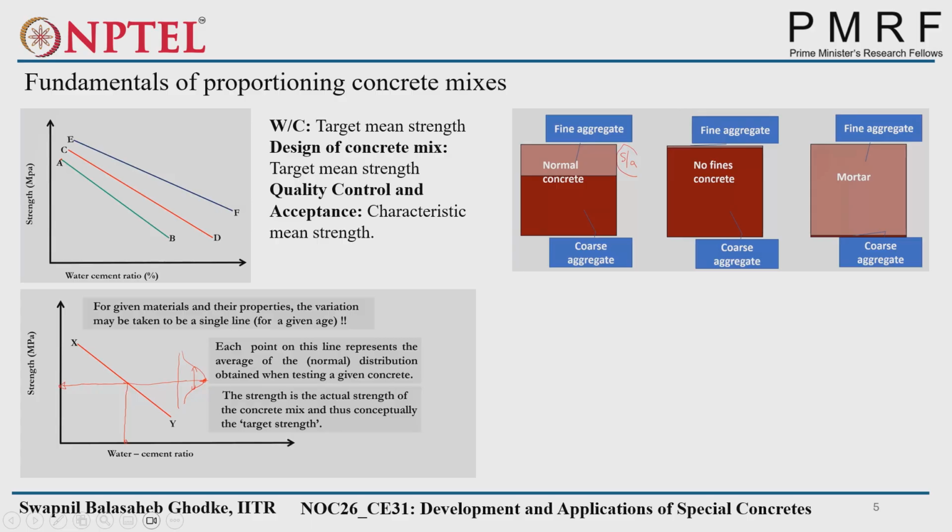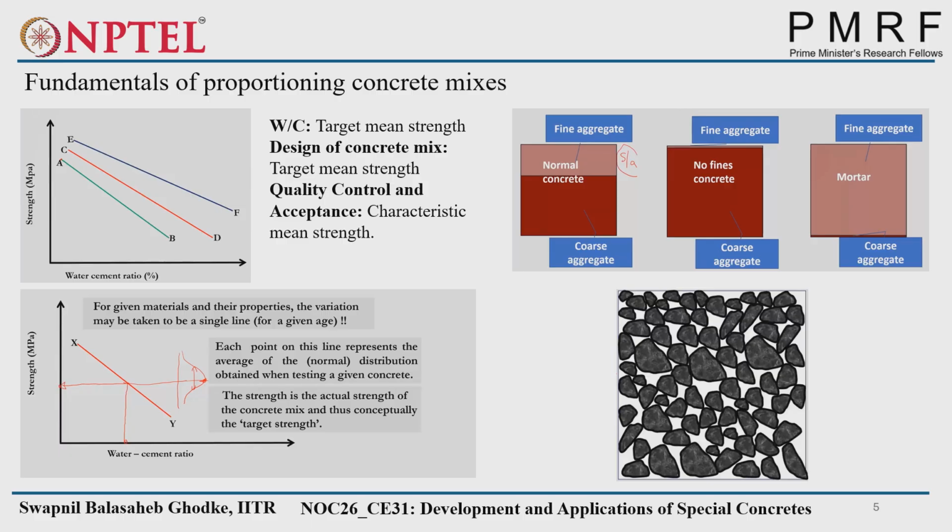And if the sand to aggregate ratio is very high, then the sand content will be high, so we call it mortar, which means the coarse aggregate content is less or maybe absent. So sand to aggregate ratio is also a very important parameter while preparing the design mix.